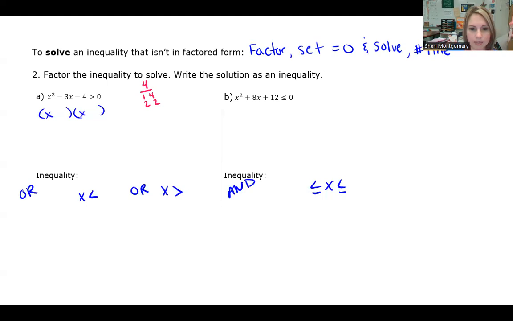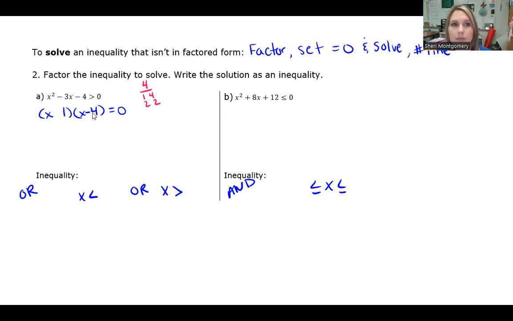I have x, and remember, we're going to solve it by setting it equal to 0. And I put 1 and 4 in the parentheses. Now I have to figure out what symbol goes here. Is it going to be plus or minus? I look at the middle term. The middle term is negative, so it tells me the bigger number will be negative. So 4 is negative.